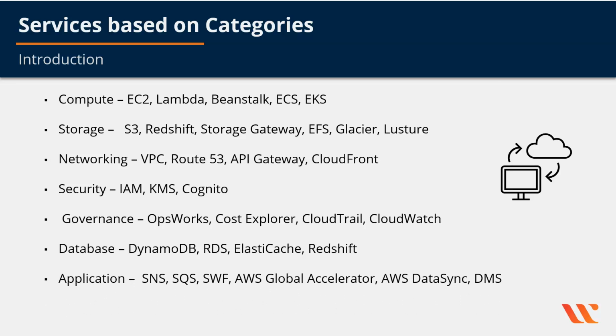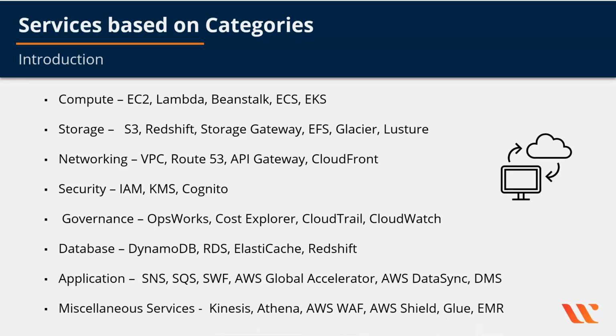We have several services in application such as SNS, SQS, SWF, DataSync, DMS, and we have some miscellaneous services as well, such as Athena, Kinesis, Glue, Shield, EMR, etc. Now, do we need to know all these services thoroughly? To answer this, we will go to the next slide.